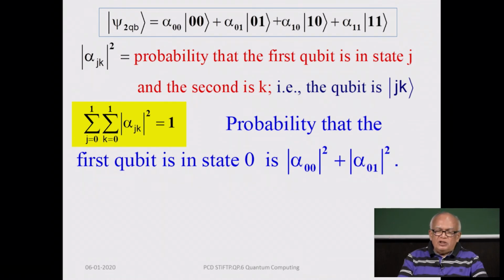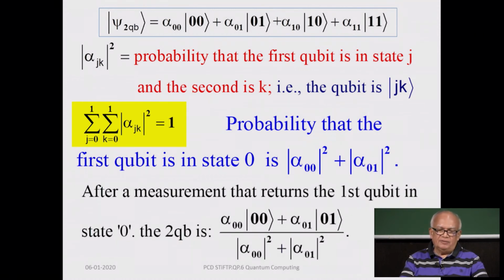So if you sum the squares of the complex coefficients, then it is normalized to unity. So what is the probability of finding the first qubit in state 0? It will be the sum of these two probabilities, because both have got the first qubit to be 0, even if the second qubit is different. Okay? So you can determine the relative probabilities using this.